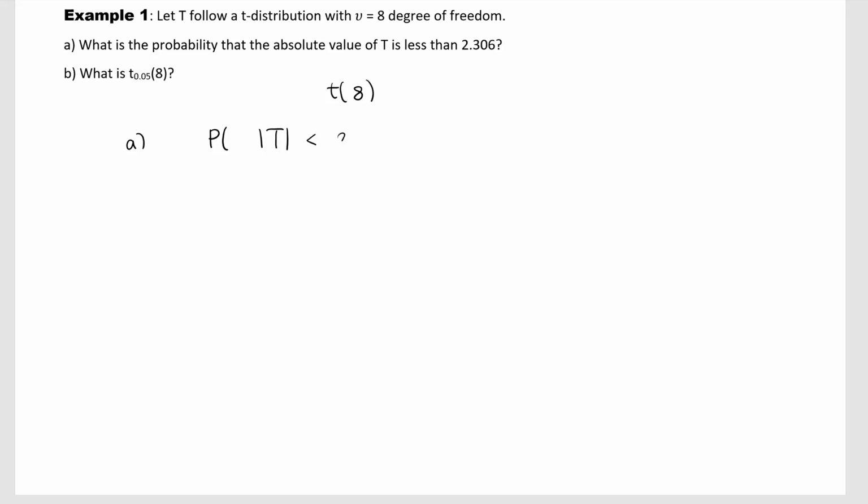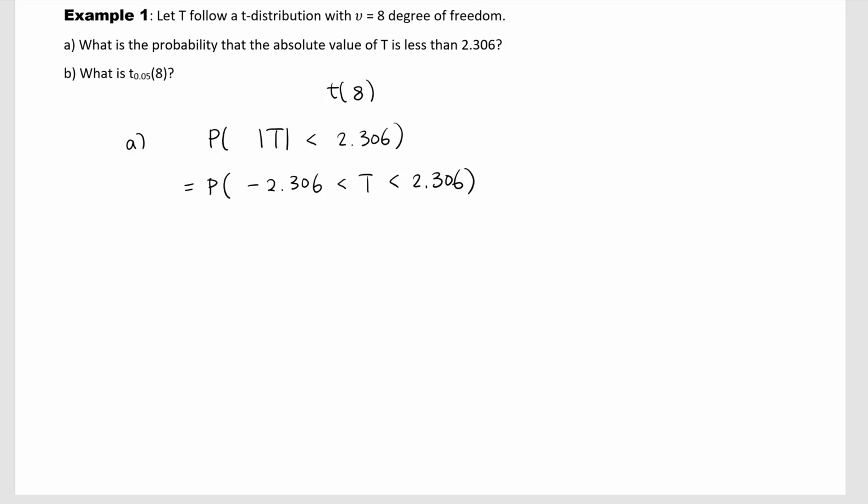What does that mean? This is the same as saying negative 2.306 is less than T is less than 2.306. Right? So far, so good, everybody? Keep that in mind.